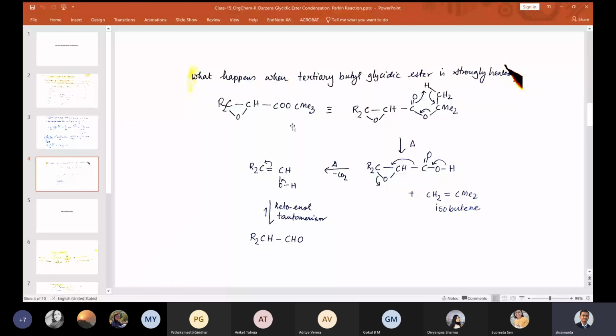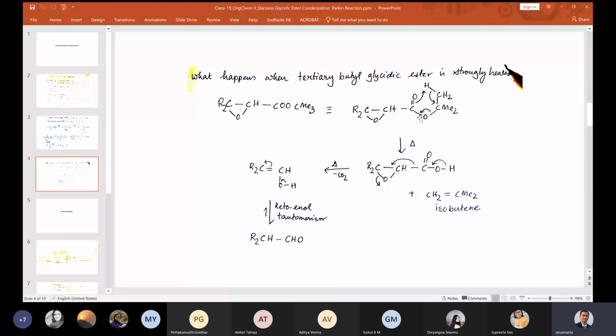So you take this kind of glycidic ester. In this case, it is the tertiary butyl ester of this molecule. Now the thing is, this tertiary butyl group you can rearrange, I mean, you can rewrite in this way. So when it is strongly heated, basically there is an elimination of isobutene. In this way, it forms a six-membered cyclic transition state.